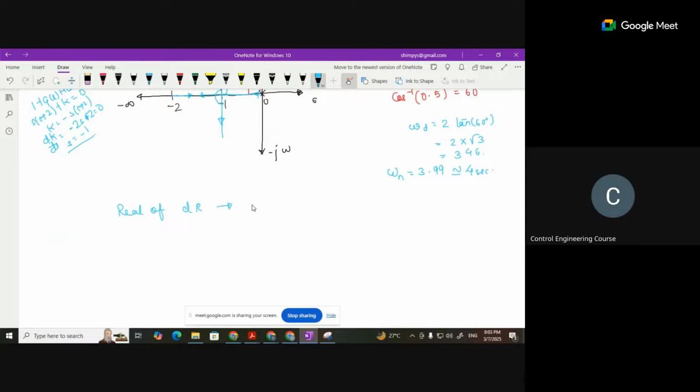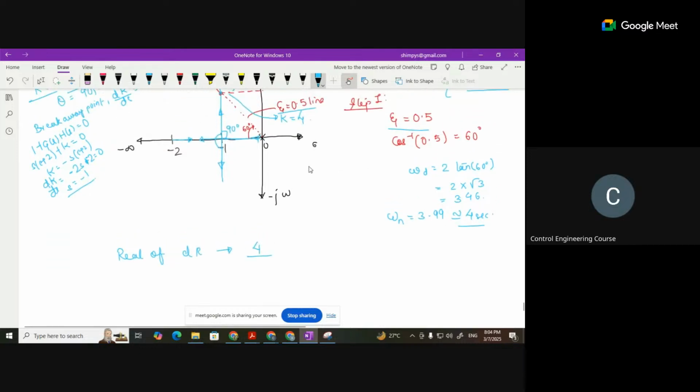So I'll take the time which I'm getting here, sorry, this is 4 seconds, no? The settling time that we are getting from the existing omega n. By mistake I have written this. So 4 by real part, and what we want to get as specified, that is 2, right?